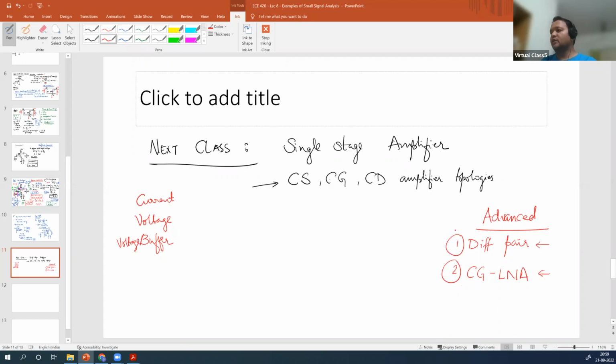Pay attention when we are doing common gate. Third, people who are going to do delay cell or ring oscillator, pay attention here. You will be using common source based amplifier or a delay cell.